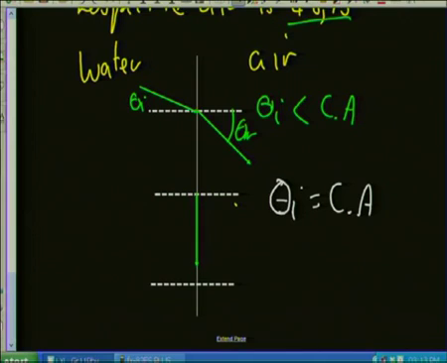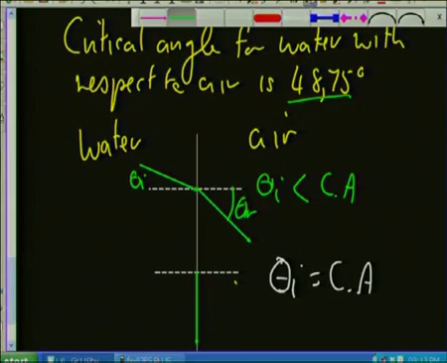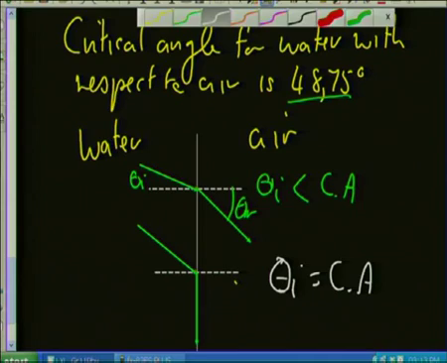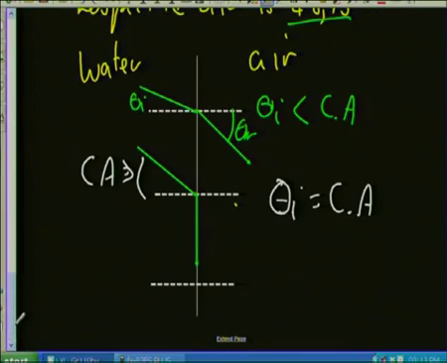So if it was that 48.75 angle of incidence measured from the normal, and we recognize that this angle here is the critical angle, then we're going to get an angle of refraction that is equal to 90 degrees.